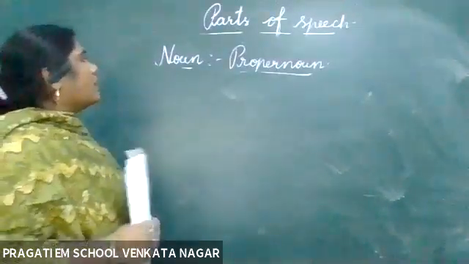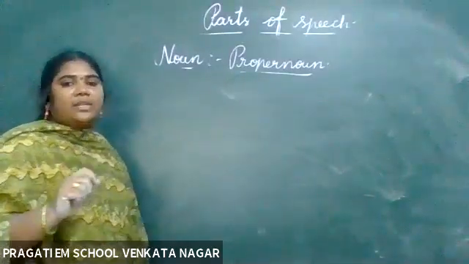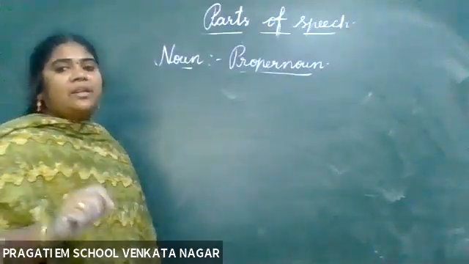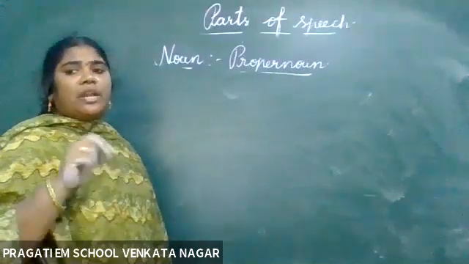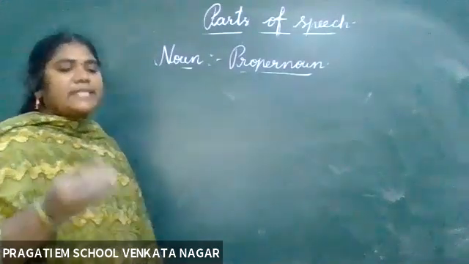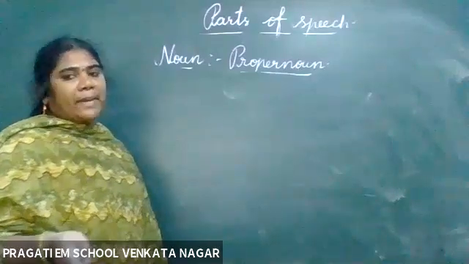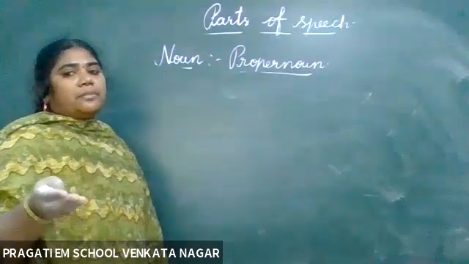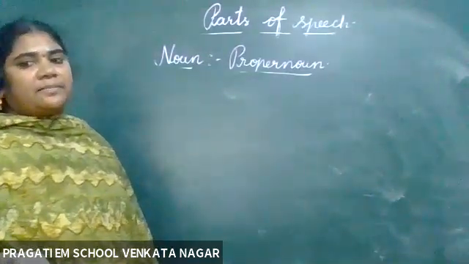Next, so far today we have discussed nouns. What is a noun? A noun is the name of a person, place, animal, or thing. All naming words, what we call with names, are called nouns. Table, pen, phone, book, your name, boy, girl, uncle, aunt, mom, dad, all these are persons.